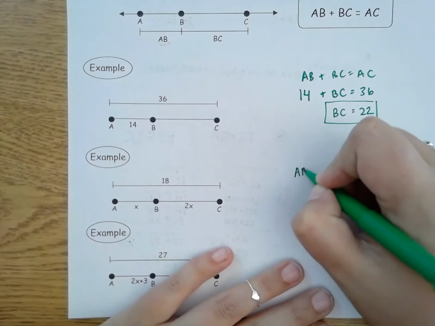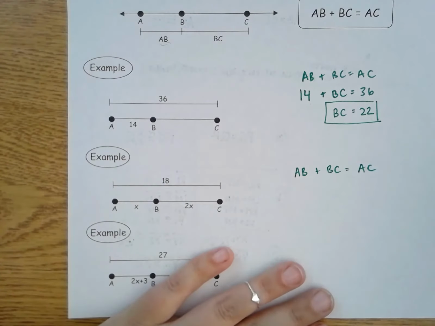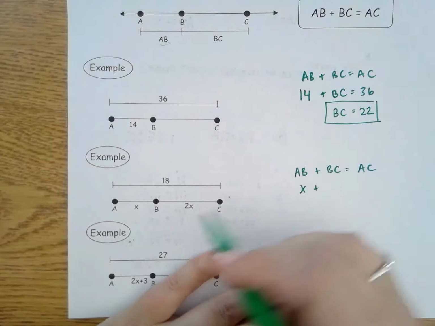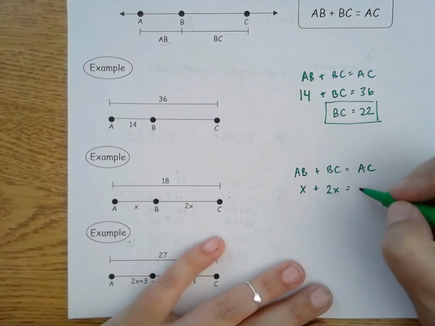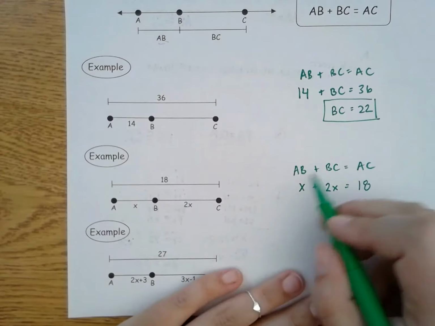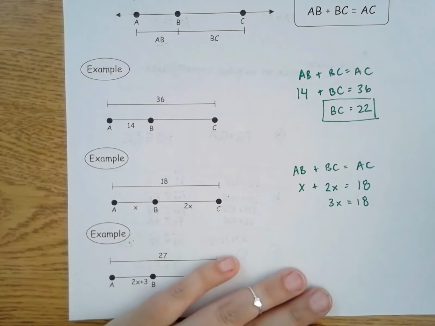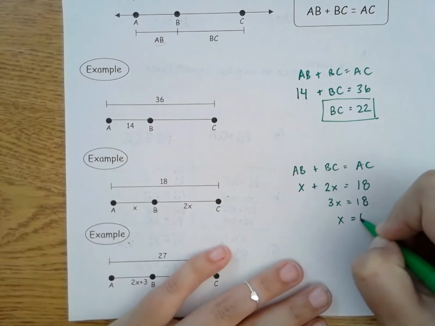So I'm just going to go ahead and put my guide up here again. So AB is x plus BC is 2x equals AC, which is 18. So then I'm just solving an equation here. No biggie. x and 2x is 3x. 3 times 6 is 18, so x is equal to 6.